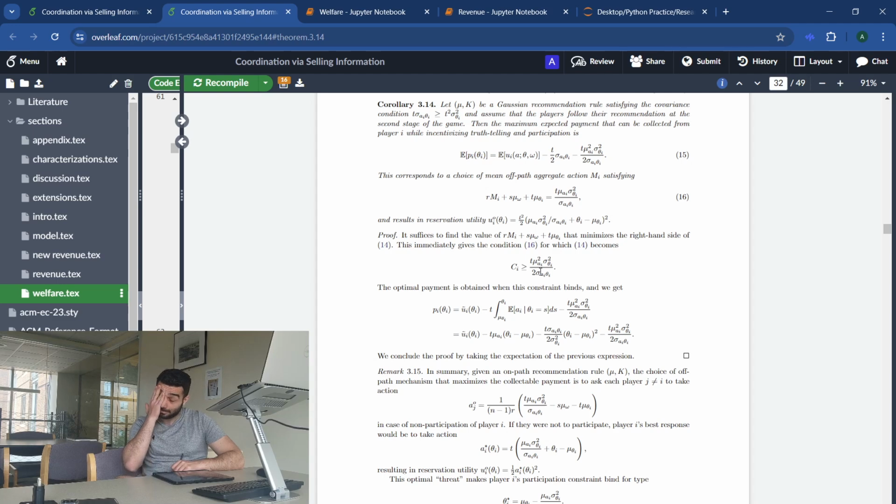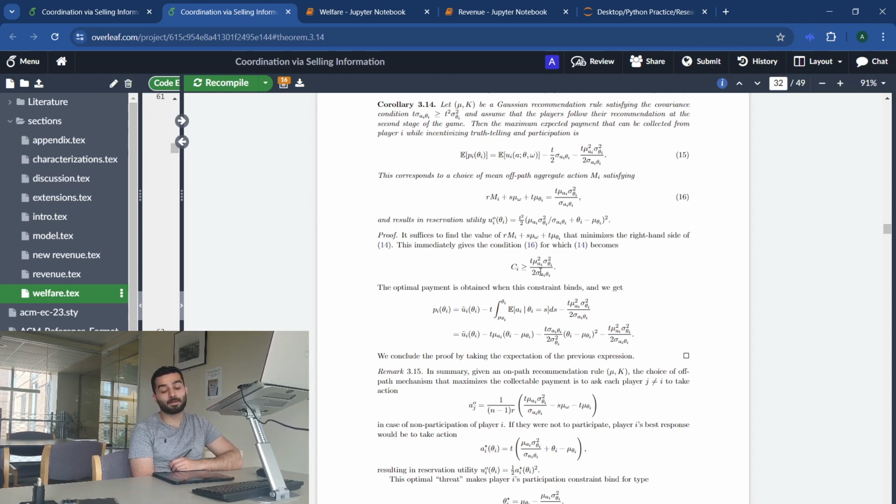Okay, the thing is that when we are optimizing welfare, we don't care about the extra terms because the objective is just expected welfare. Here we just need to compute payment based on this formula.